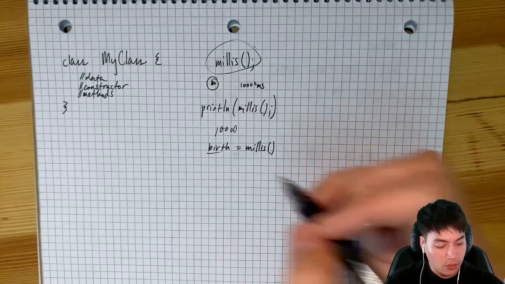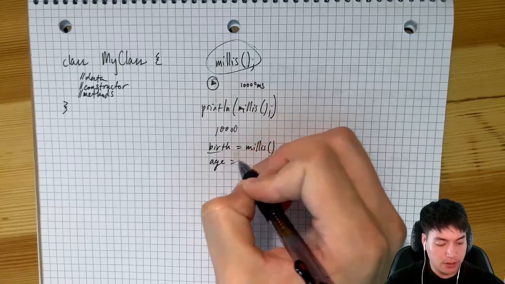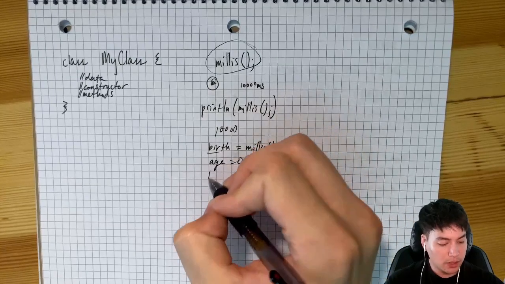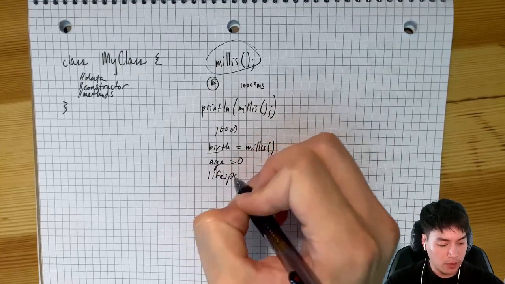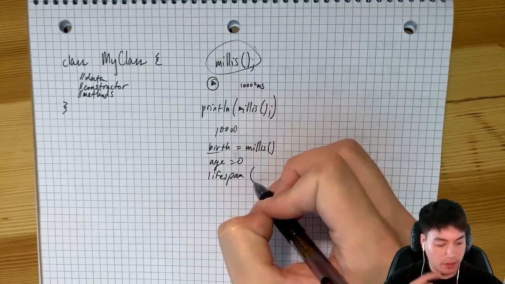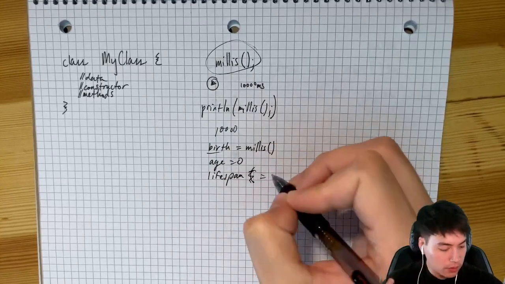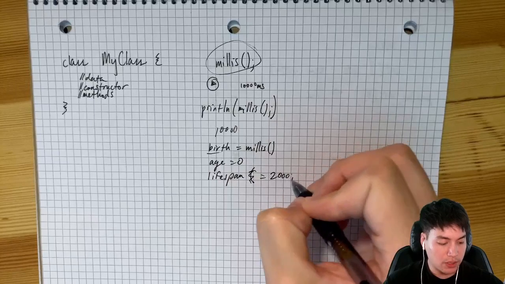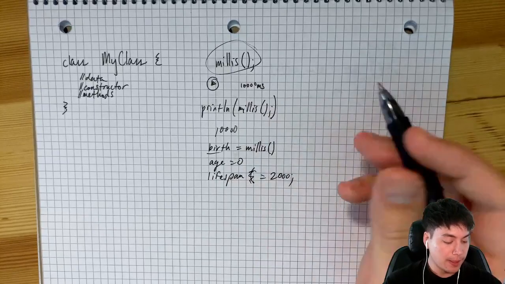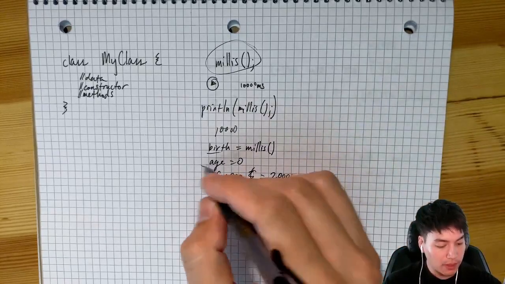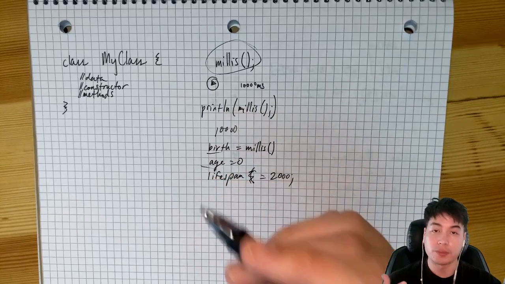Then we're going to initialize age as 0, and give it some kind of lifespan. So we may say I want this object to live for 2 seconds, so I'll say 2,000 milliseconds. And then to calculate our age, we're going to do this inside of our update function.